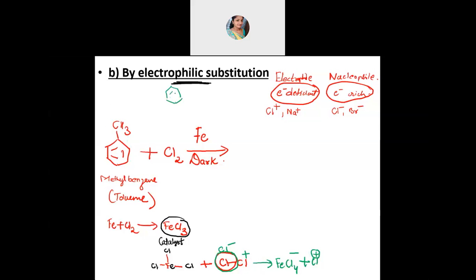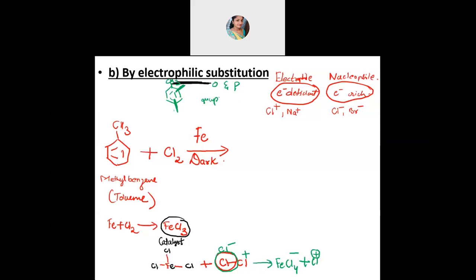When any incoming group is going to approach this compound, it will be directed to the ortho position and the para position. Means attack can happen only at the ortho position or only at the para position.